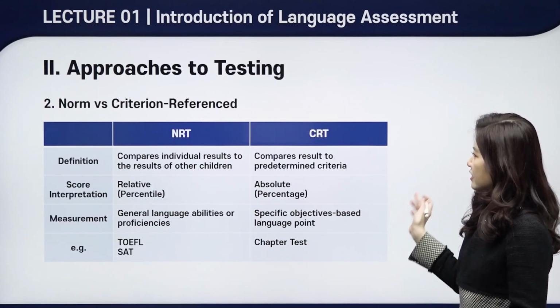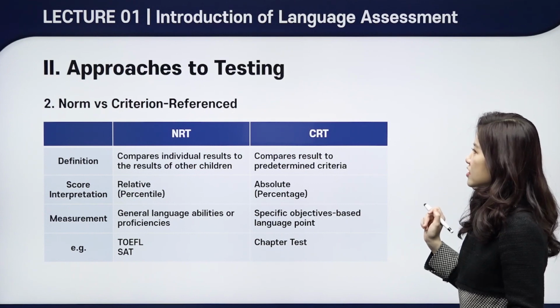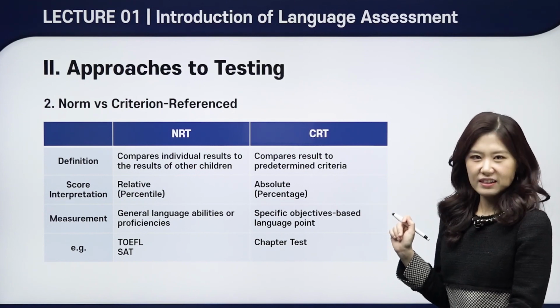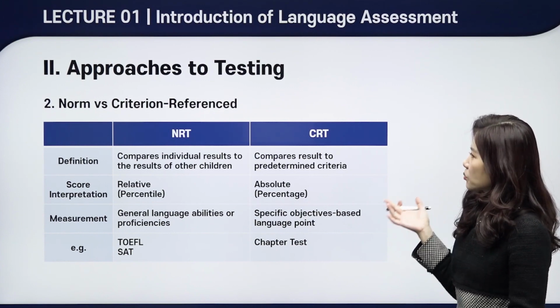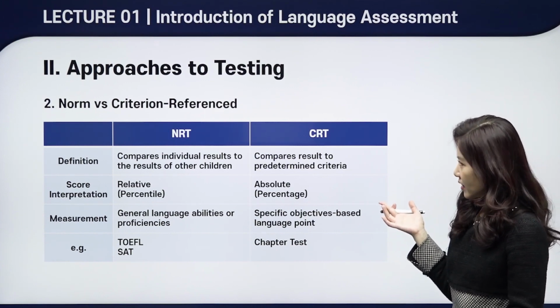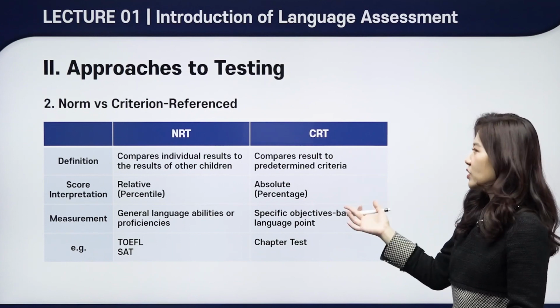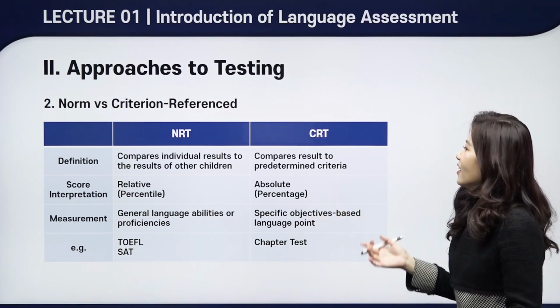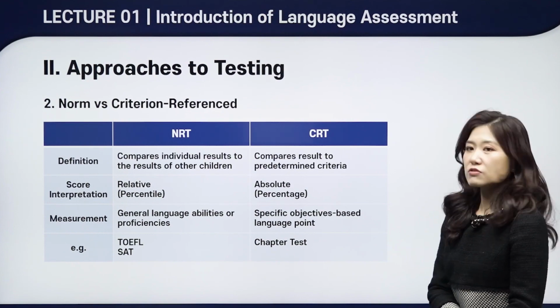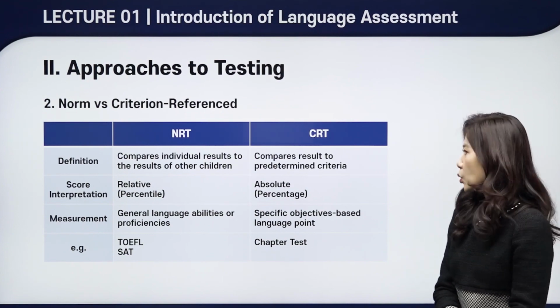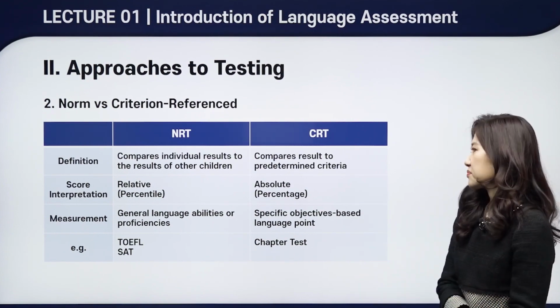Okay, next pair, norm versus criterion referenced tests. So the definition of norm reference test, or let's just call it NRT, is to compare individual results to the results of other children or other students.